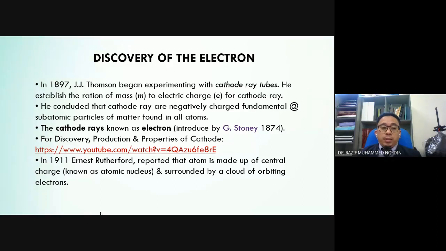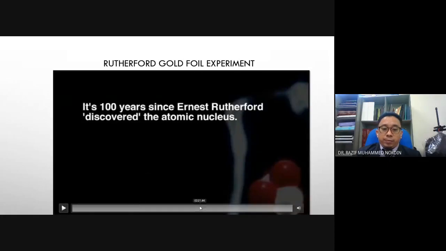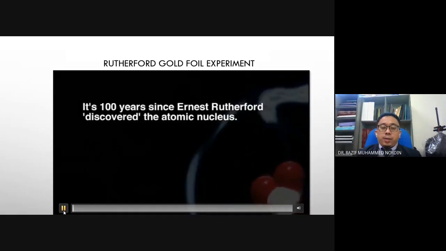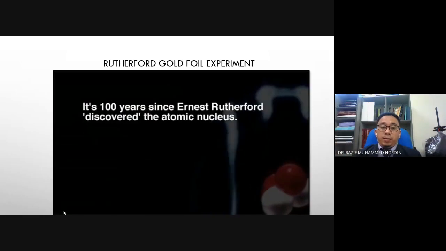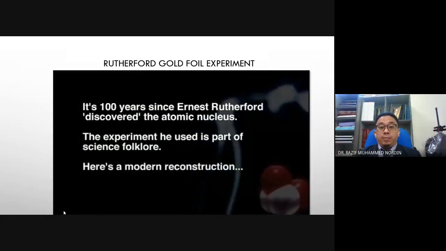Then in 1911, Ernest Rutherford report that atom is made of a central charge known as atomic nucleus, and it was surrounded by the cloud of orbiting electron. Ini very interesting experiment. Eksperimen ini dia buat kembali, discover balik macam mana Ernest Rutherford tu jumpa elektron.